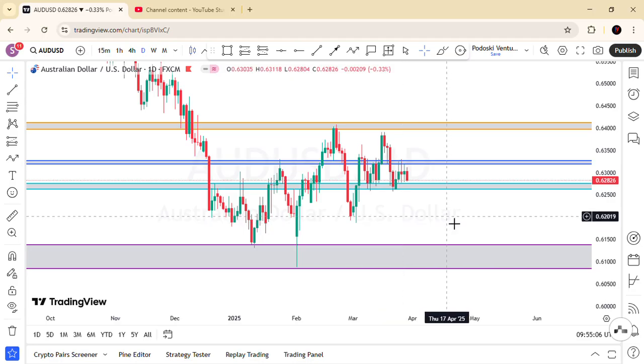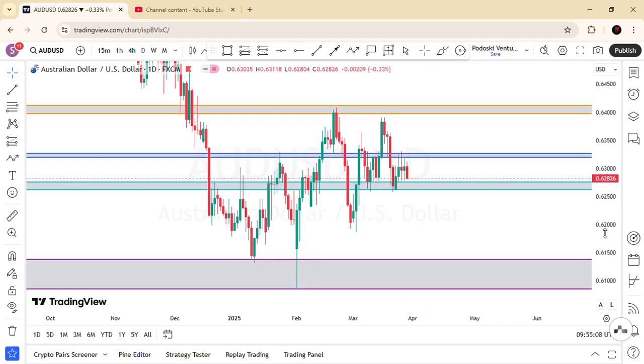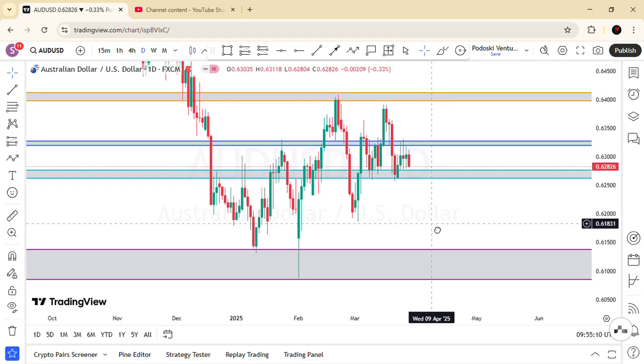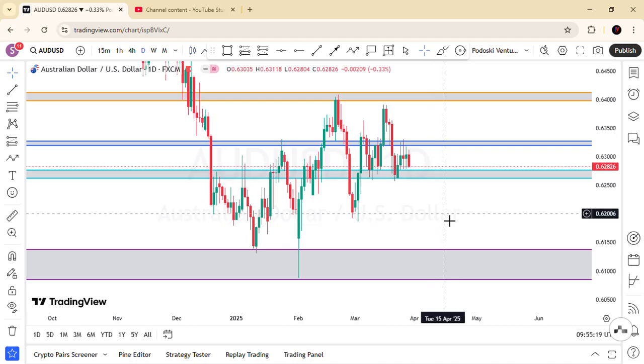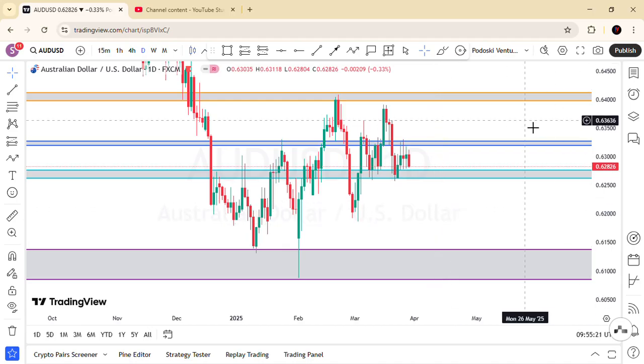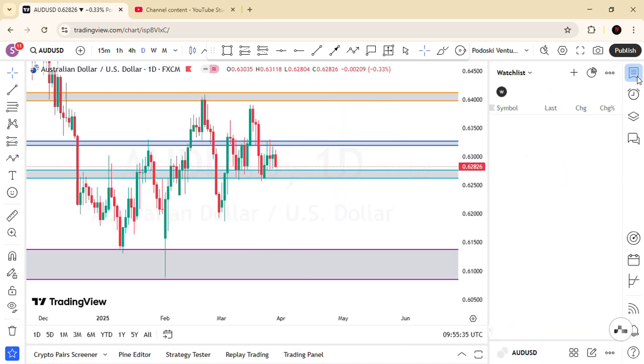But since I don't really know the rightful direction on AUDUSD, I can't take any trade or say we can buy or sell from here. So that'll be all on AUDUSD. Let's move on to the next pair.